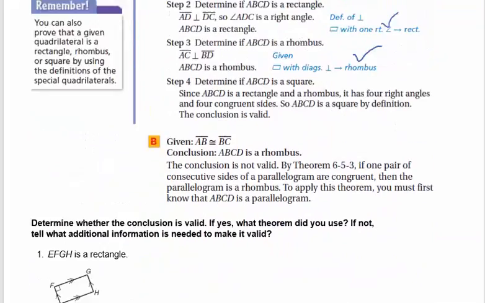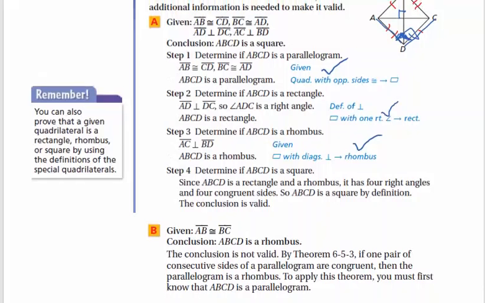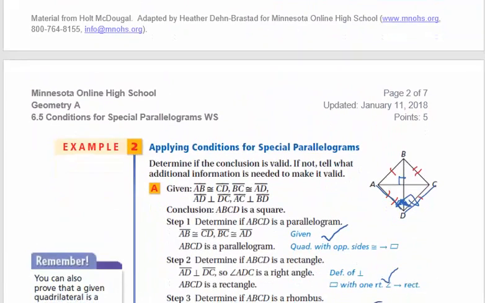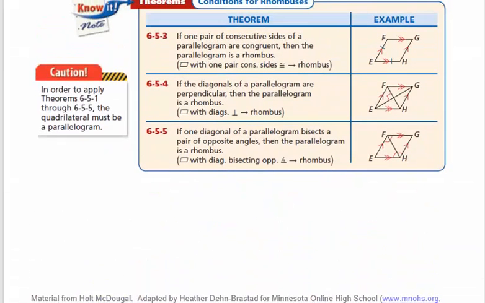Here's another example, same picture, but this time the only given information is that AB is congruent to BC. If AB is congruent to BC, that means that two sides are congruent, which would be nice and enough to know if we had a parallelogram. That's what 6.5.3 looks like.